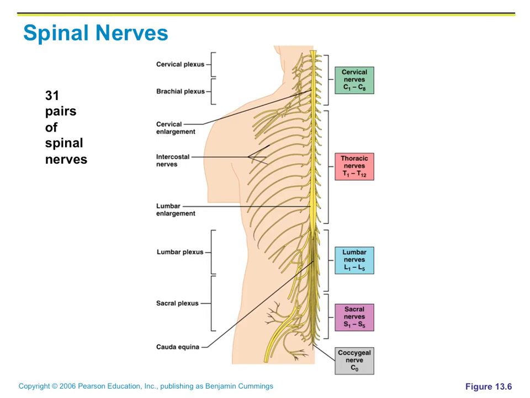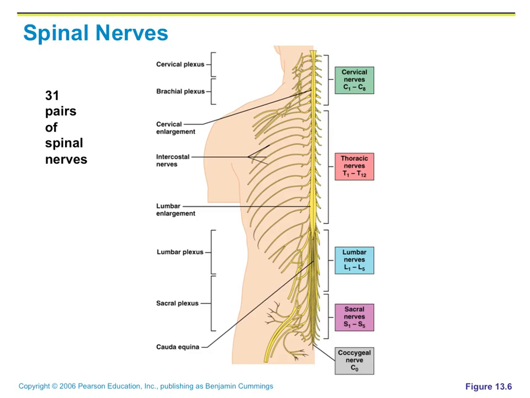Since we can divide the spinal cord into 4 regions, we can also divide the spinal nerves into 4 regions. However, there is one special spinal nerve, so actually we have 5 categories of spinal nerves.